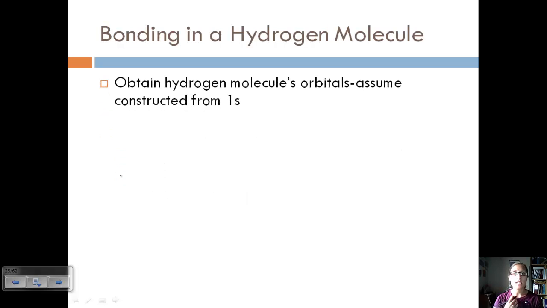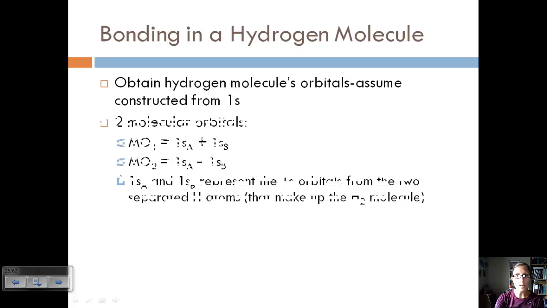Okay, so let's look at a hydrogen molecule. To obtain the hydrogen molecule's orbitals, we assume they are constructed from 1s because that's where the valence electrons are coming from. We can have two molecular orbitals. MO sub 1 is 1s sub a plus 1s sub b, and molecular orbital 2 is 1s sub a minus 1s sub b.